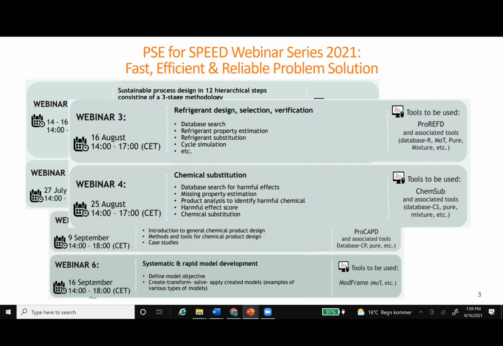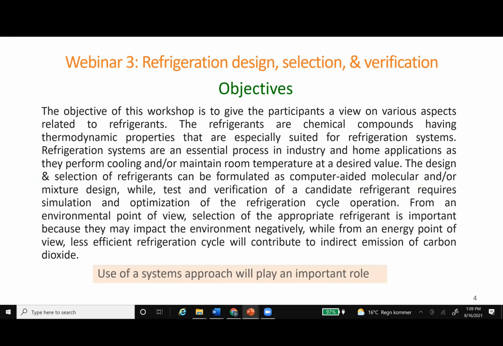So the objective of today's workshop is to give the participants a view on various aspects related to refrigerants. The refrigerants are chemical compounds having thermodynamic properties that are especially suitable for refrigeration systems.